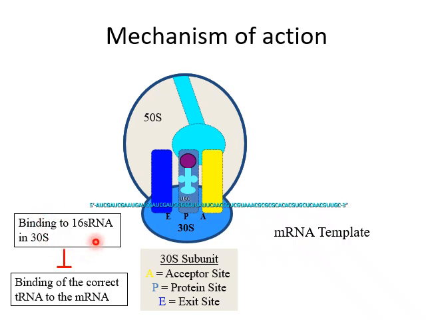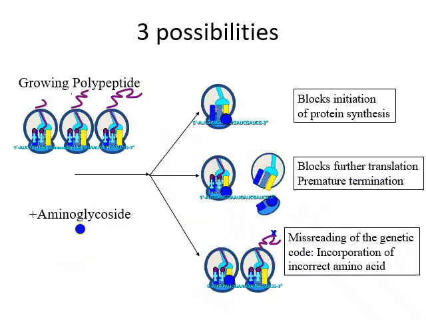What happens here is that we have binding to the 16S ribosomal RNA in the 30S, and if you watch the YouTube movie you remember that. So the antimicrobial will bind to it, and because of that there is inhibition of binding of the correct transfer RNA to the messenger RNA. So we do not bind the correct one anymore. So what can happen because of that?